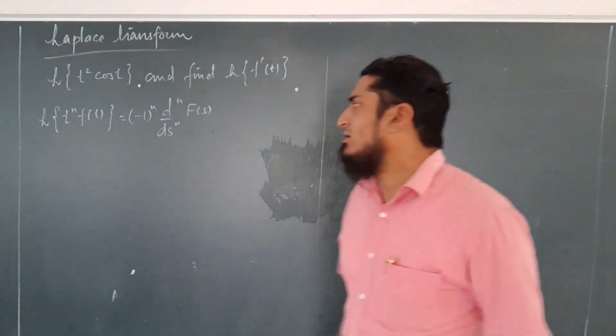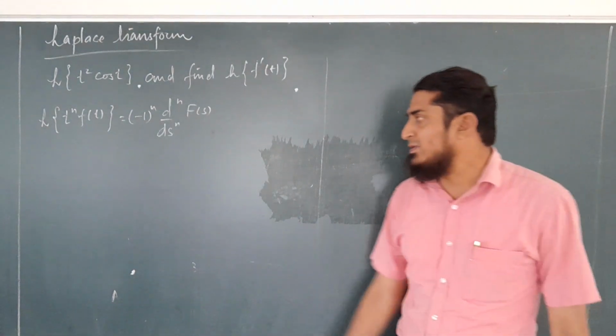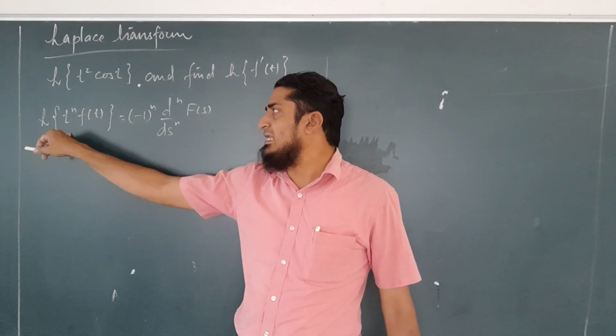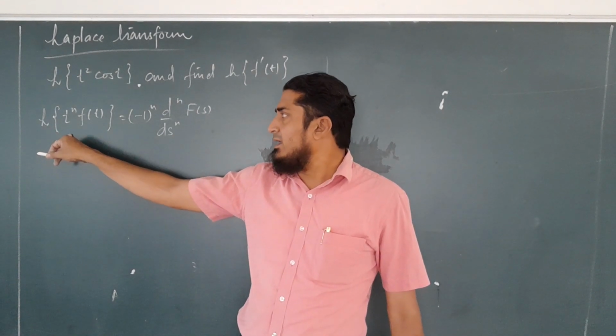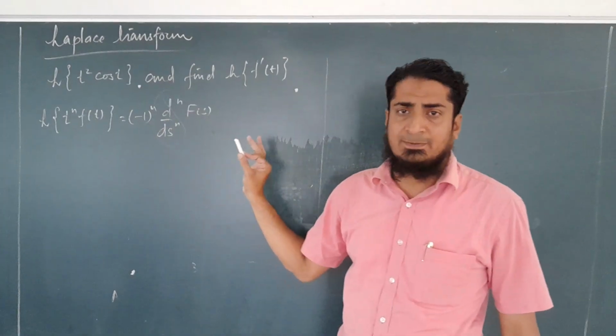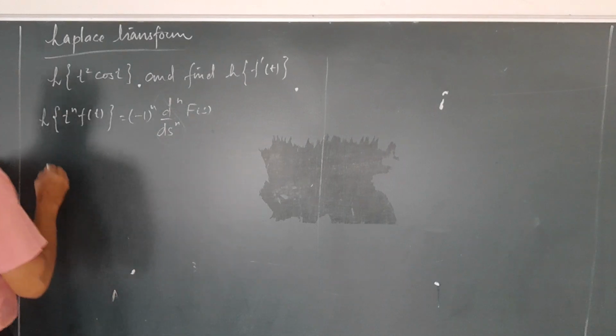Whatever f of t is, first of all we have to find the Laplace transform of that f of t. Then the power t raised to n indicates how many times we have to differentiate that function. So here we have t square cos t.